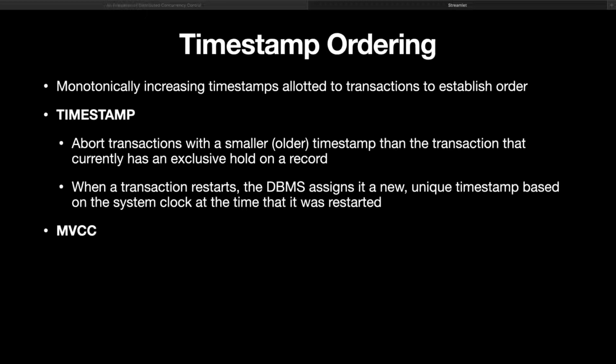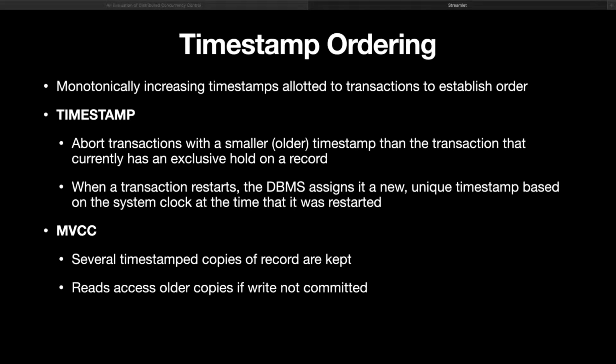The other protocol classified under timestamp ordering and compared in this paper is MVCC, multi-version concurrency control. You have timestamped copies of the records, so reads access older copies if the writes are not committed, and transactions abort.